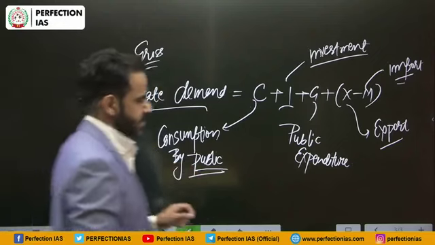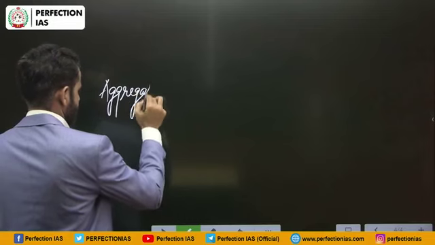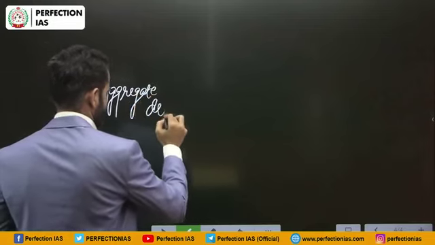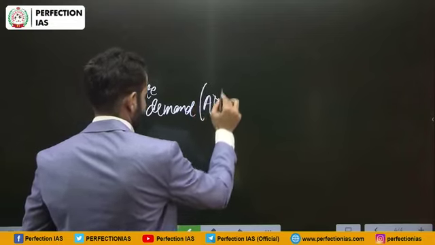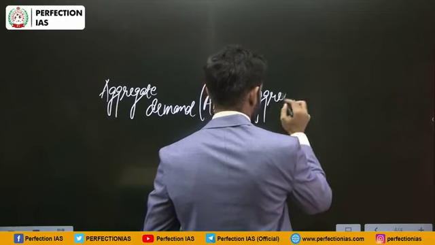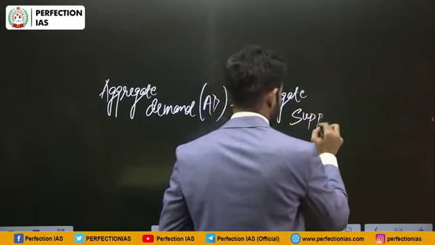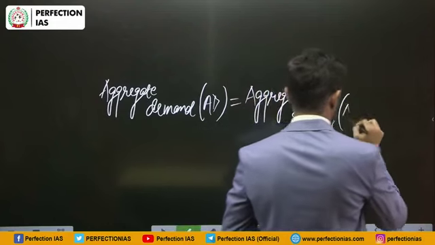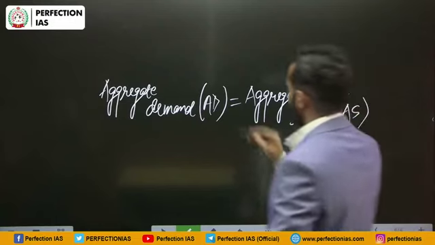So if aggregate demand, that is AD, is equal to aggregate supply, that is AS, this will be a situation of full employment.